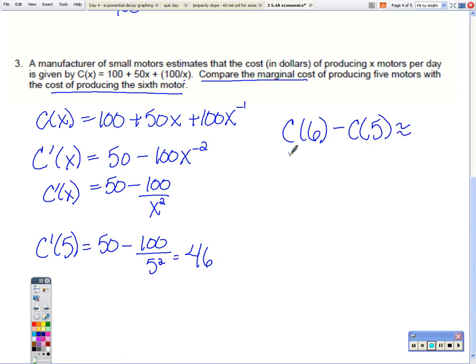The cost of the 6th unit, when you plug 6 back into your original cost function, it's $416.66 as a decimal repeating, minus the cost of 5, which is $370. So that approximately equals $46.67. So you can see the marginal cost of the 6th motor is a little bit more than the marginal cost of the 5th.